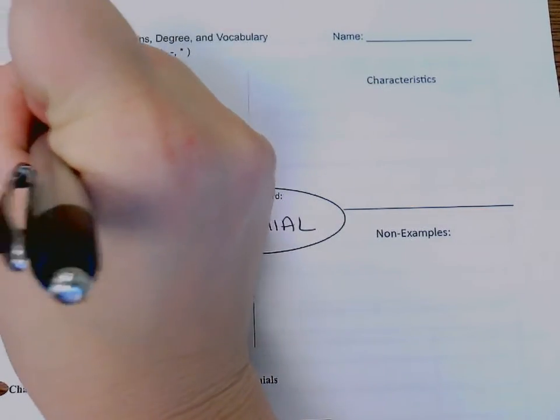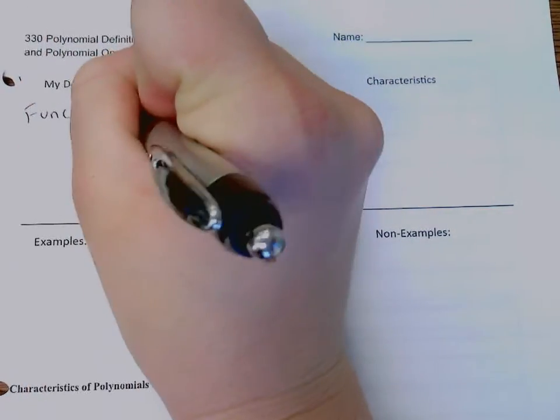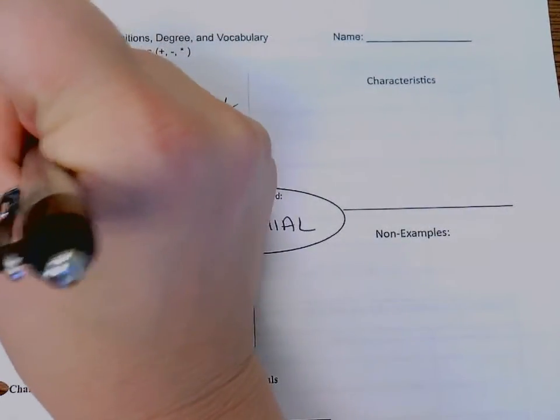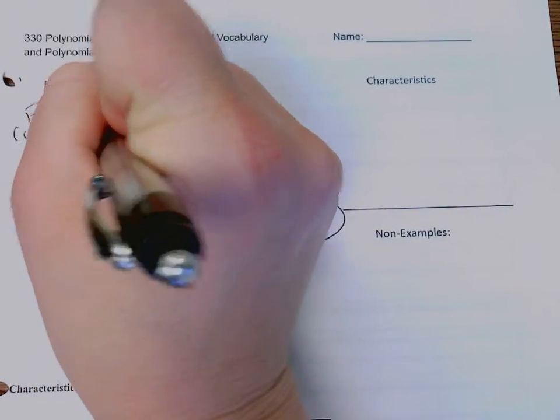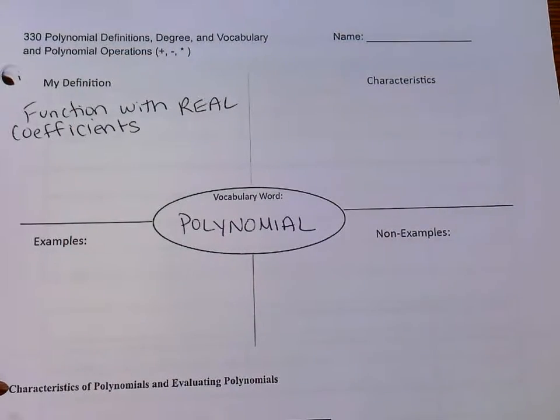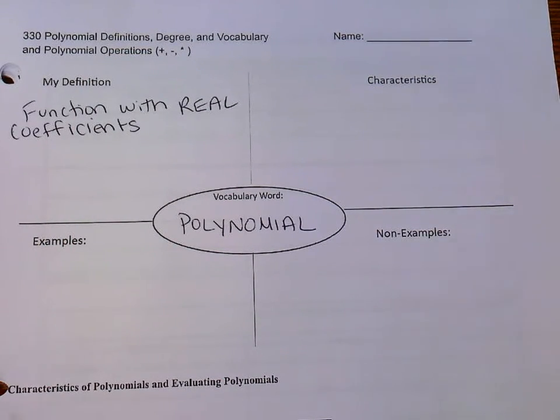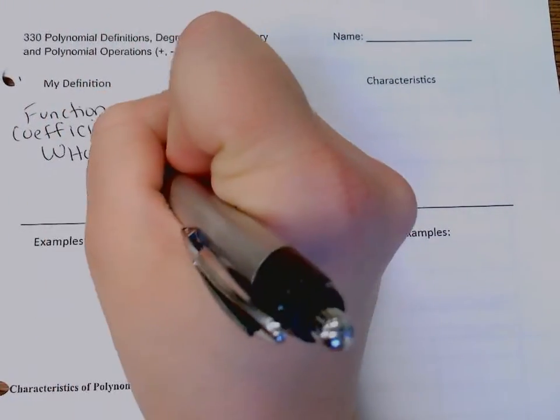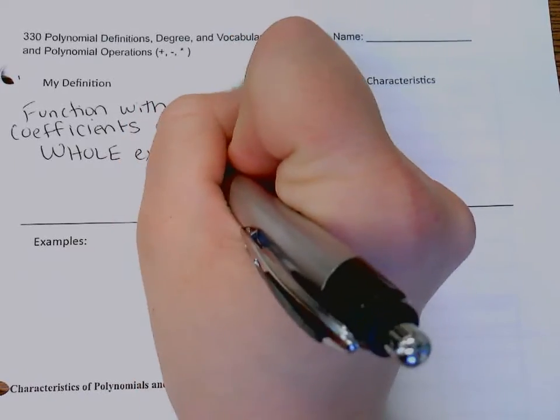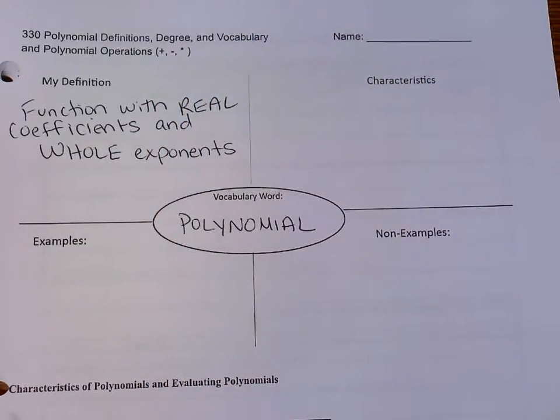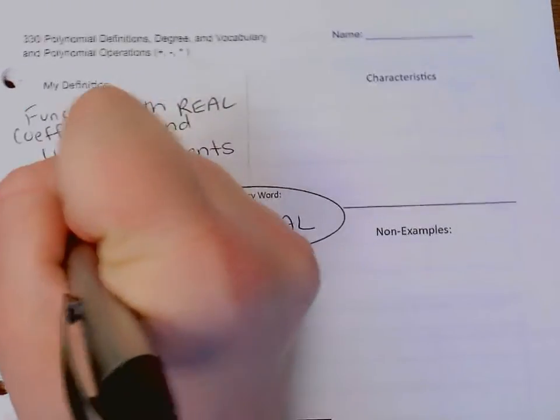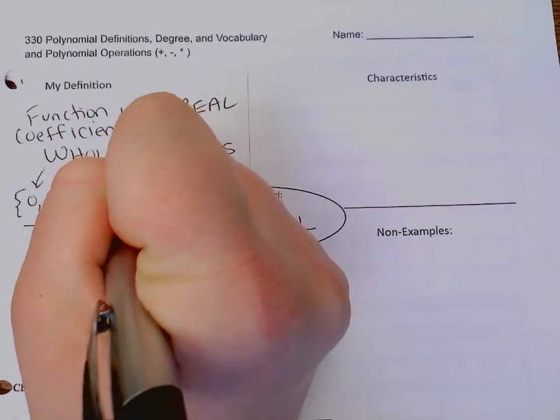It has to be a function with real coefficients. We just spent a little bit of time on imaginary numbers, but there can be no imaginary numbers in the function. And it has to have whole exponents. So a whole number is a number like 0, 1, 2, 3.